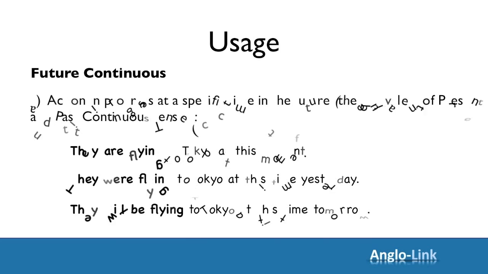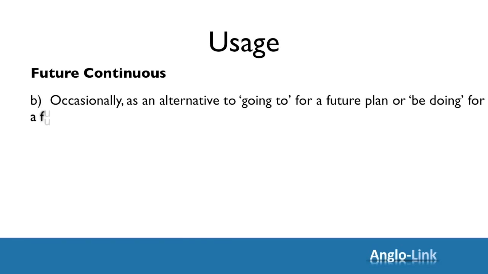Now, the second usage of the future continuous is occasionally an alternative to going to for a future plan or be doing for a future arrangement. We looked at these future forms, going to and present continuous, in lessons 6 and 7.